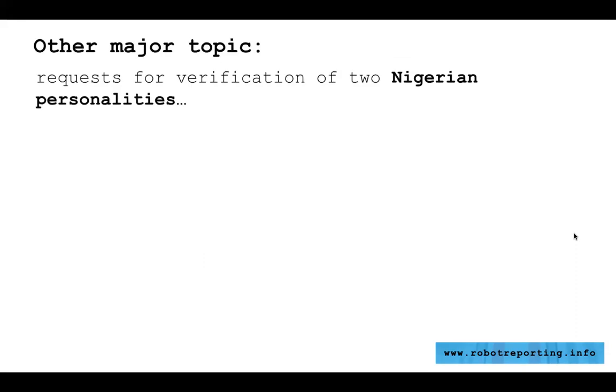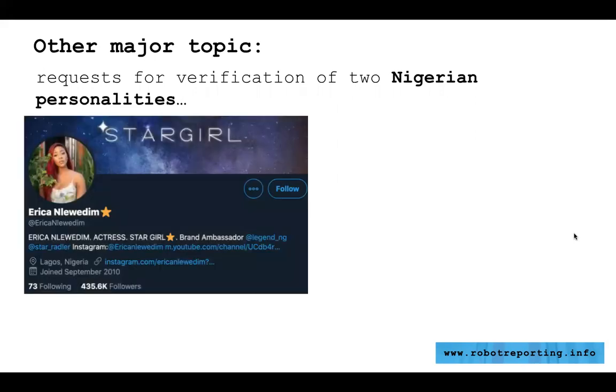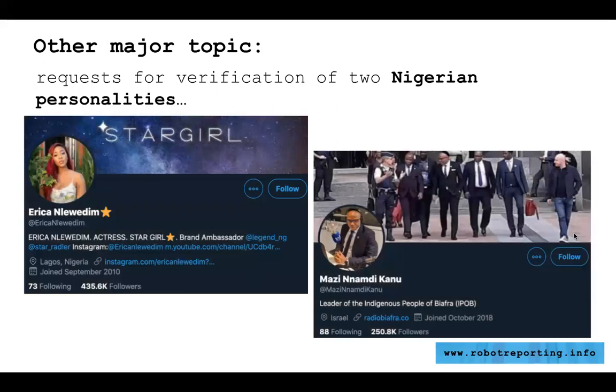Finally, the second topic, completely unrelated, also came as a huge surprise to me: tweets going to @Jack from Nigerian Twitter users, requests for verification of two Nigerian personalities, unrelated to each other. One of them a television star, Erica Luwiden, and the other a political leader, Mazi Nandi Kanu.